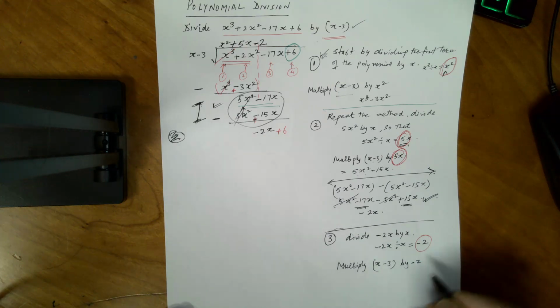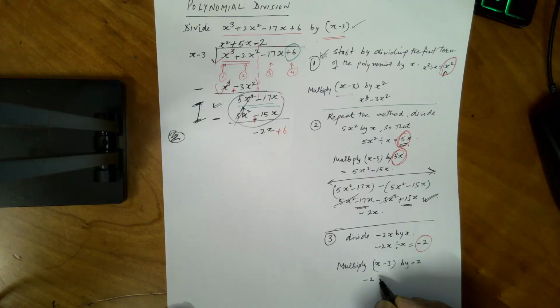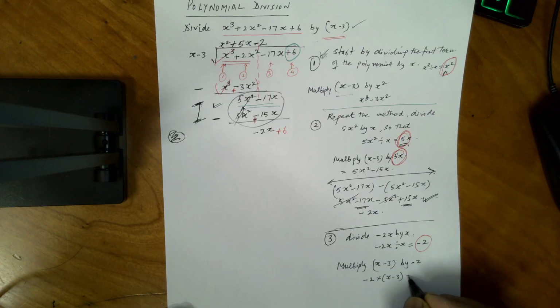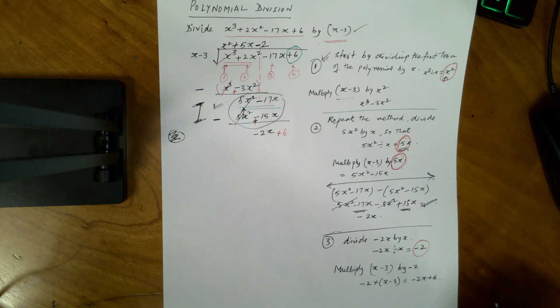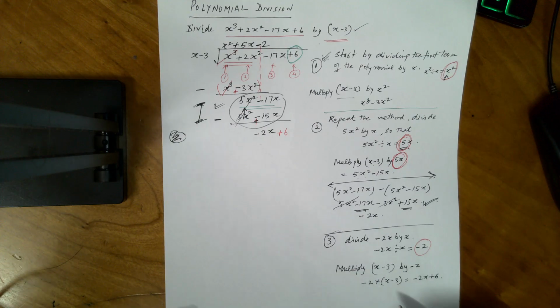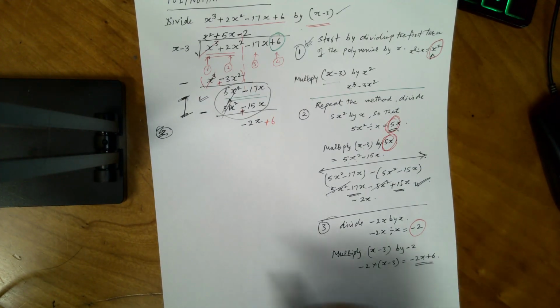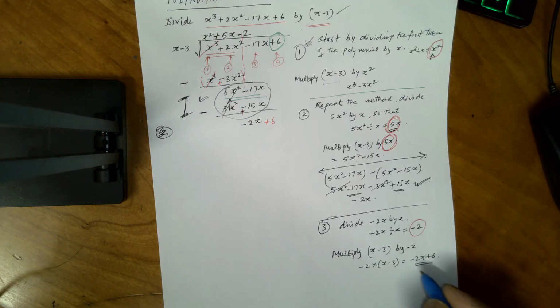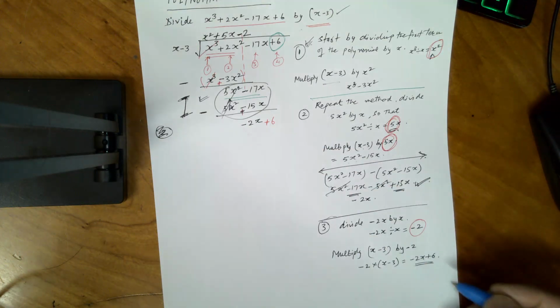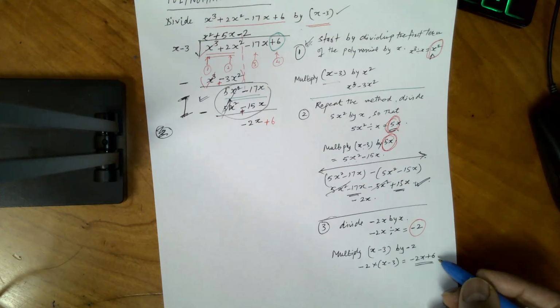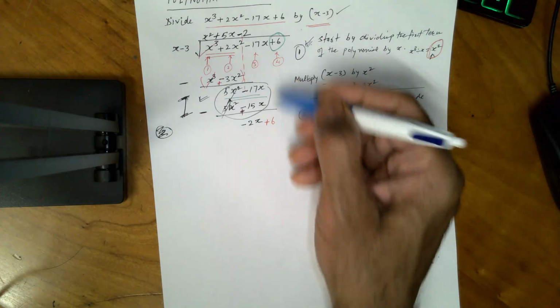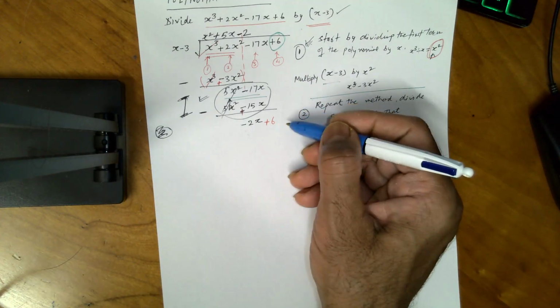So minus 2 multiplied by x minus 3 will give you minus 2x plus 6. Then you know you got this, and as you know here, the minus 2x here, minus 2x here as well, and somehow you got 6 here as well, and you got 6 here as well.